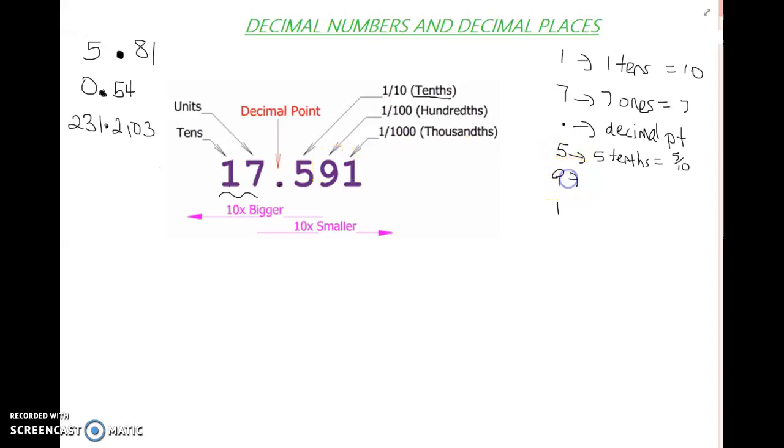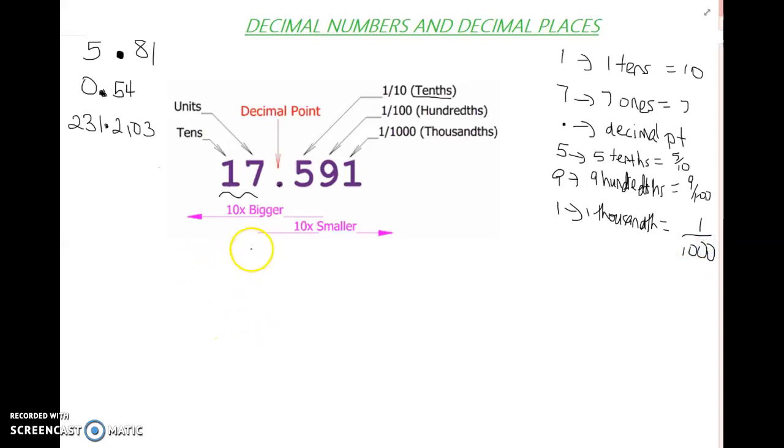So that 9 is 9 hundredths, which is 9 over 100. And then last, but not least in this one, this is thousandths, which is 1 over 1,000.